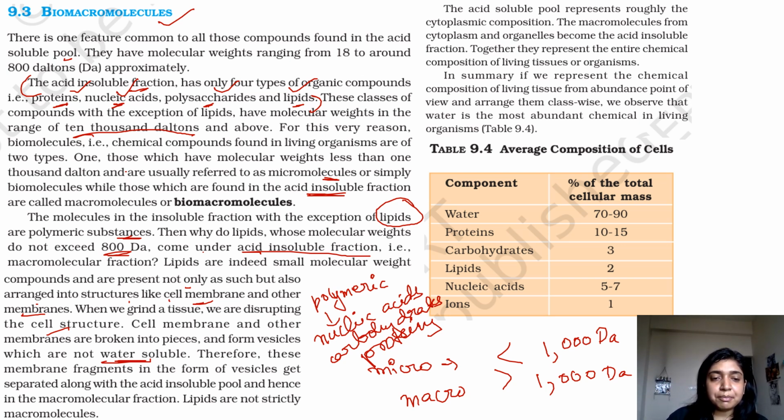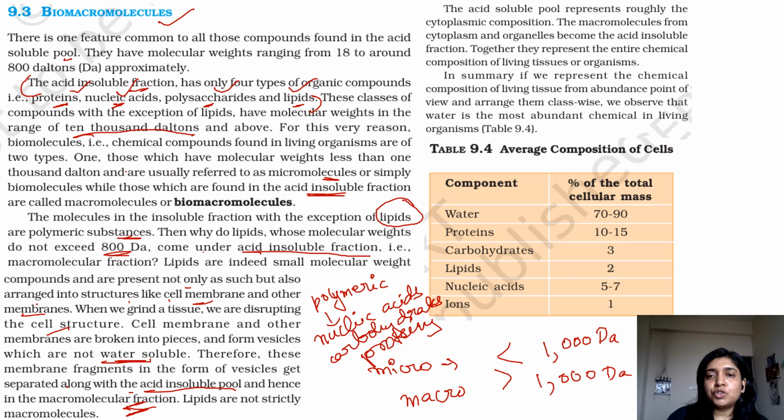Therefore, these membrane fragments in the form of vesicles get separated along with the acid insoluble pool and hence in the macromolecular fraction. Lipids are not strictly macromolecules, since their molecular weight is small.